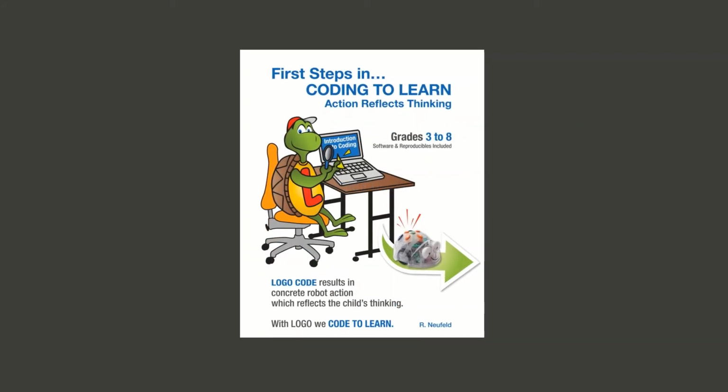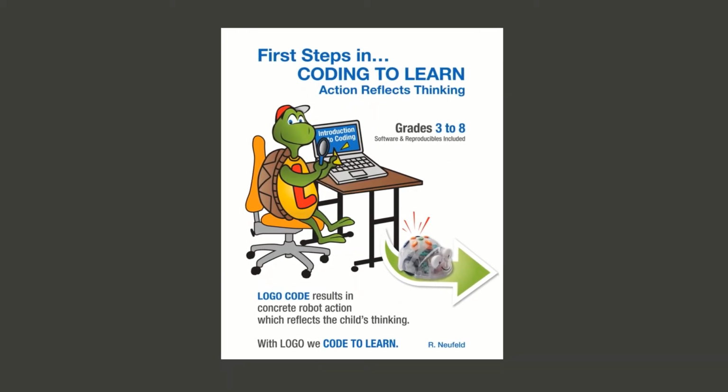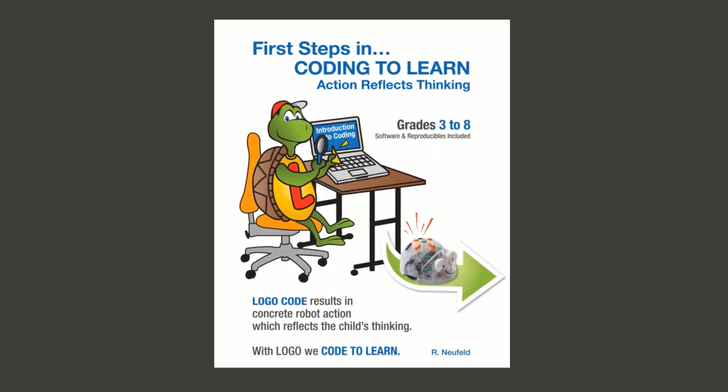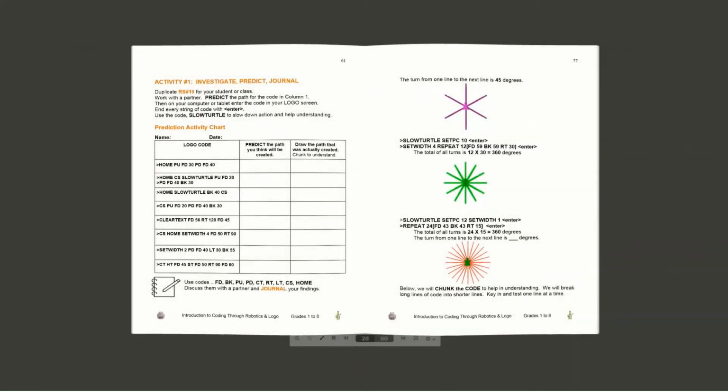You and your group or class may want to log in to Logo on your computer. Recall that you were given the login and password in Video 2. Please see the ebook, page 61, Activity 1, Investigate, Predict, Journal.